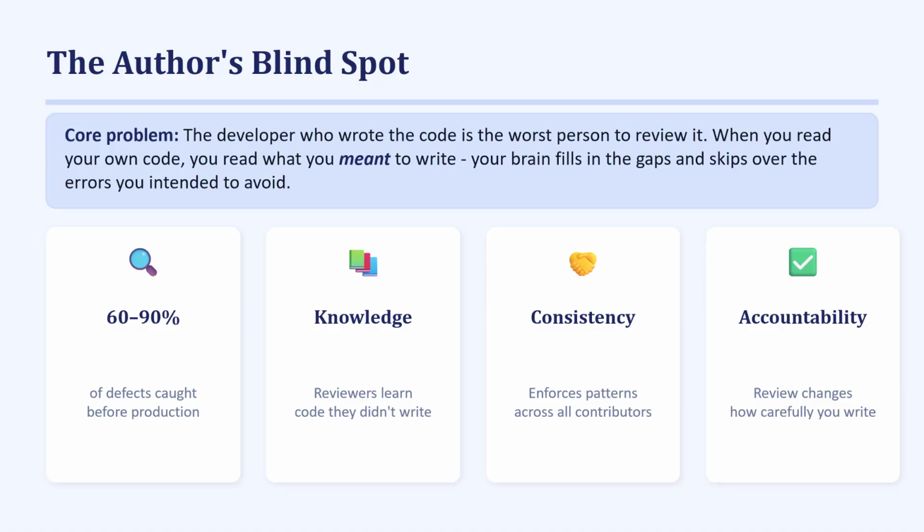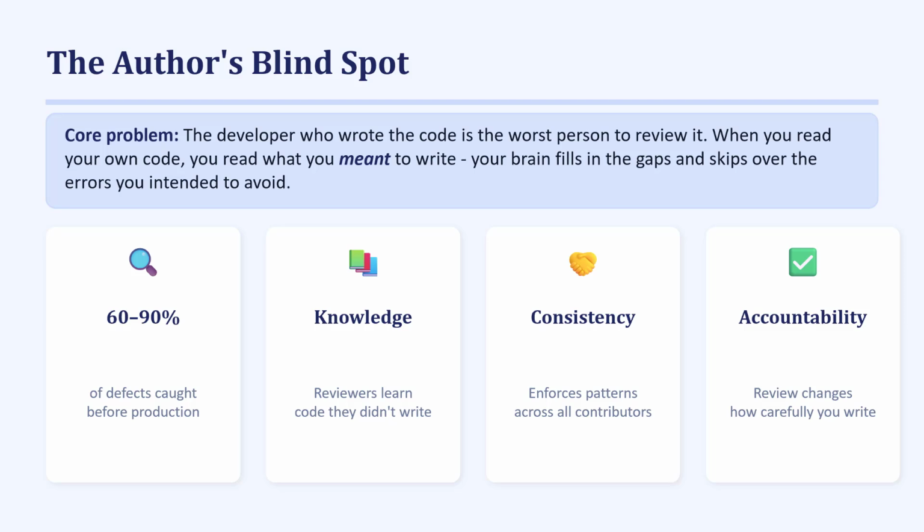So I want to start with a core problem that ultimately code review solves. And maybe you haven't been programming for very long, but I think this is something that everyone can relate to. It's ultimately about the blind spot that gets created when you have authored something. So every developer, no matter how good you are, has blind spots, things you didn't think to check, assumptions you didn't realize you were making, edge cases you didn't consider.